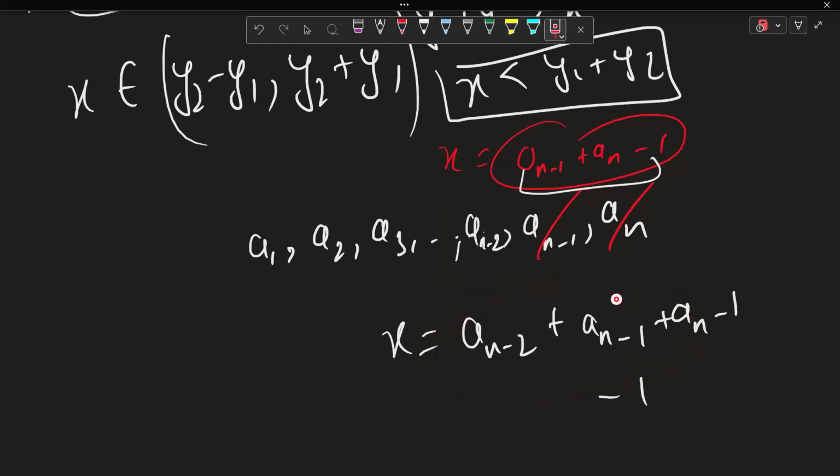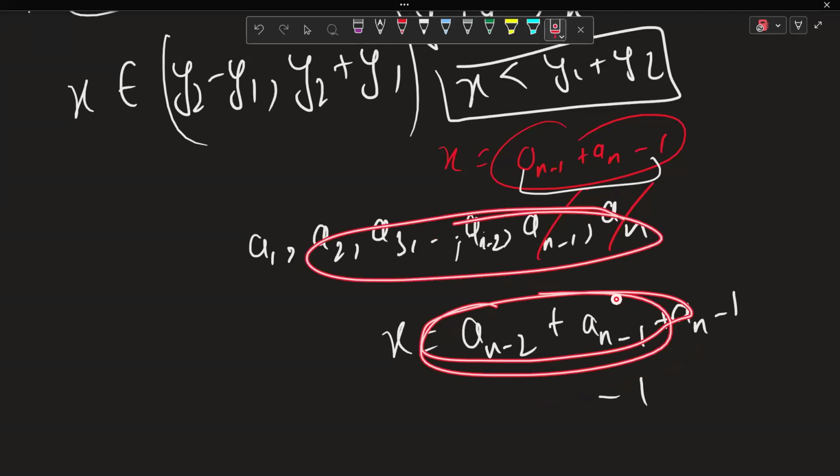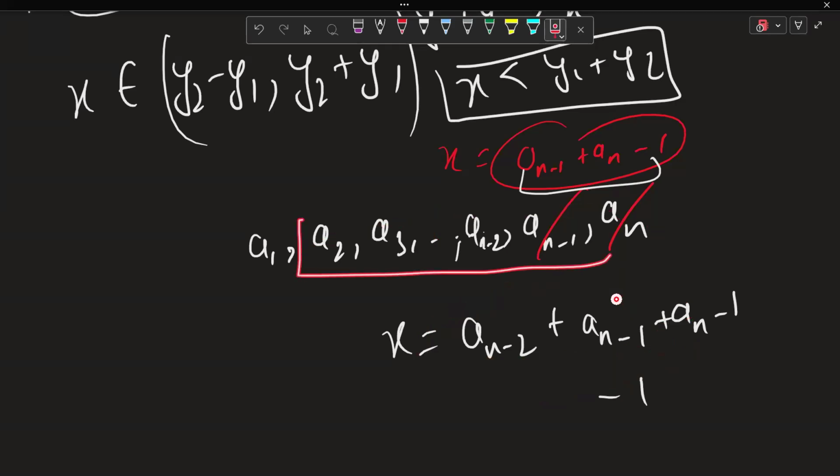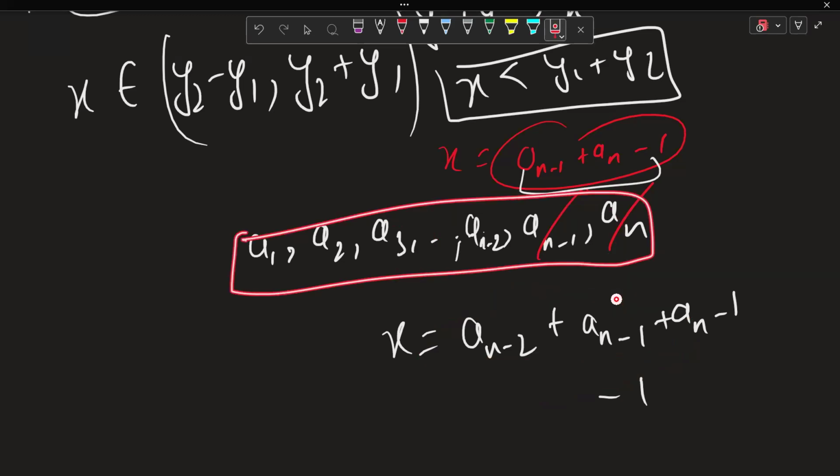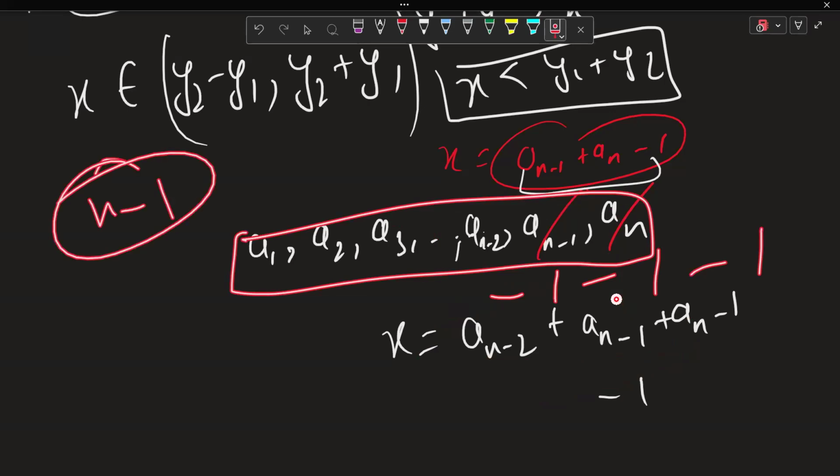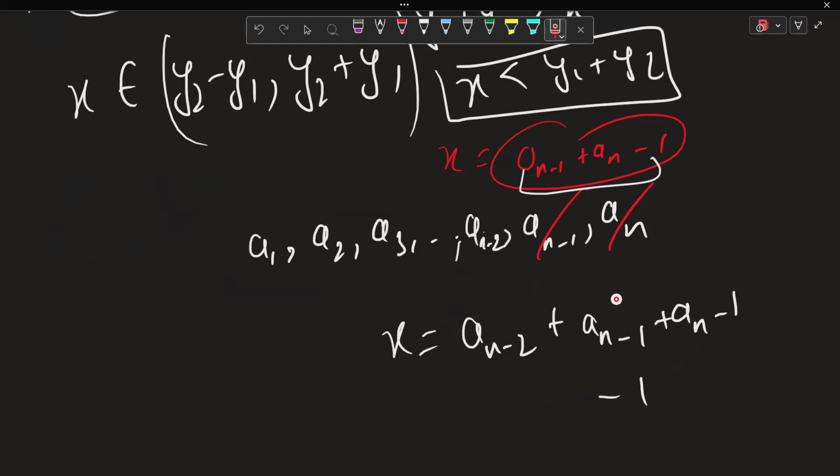So basically what you are getting is the sum of all the values. By doing this, your final value would be just the sum of all these n values, and minus 1, minus 1, minus 1 every time. For n minus 1 operations, you would always get a minus 1. So that is the maximum sum you can get. I hope now the problem is clear.